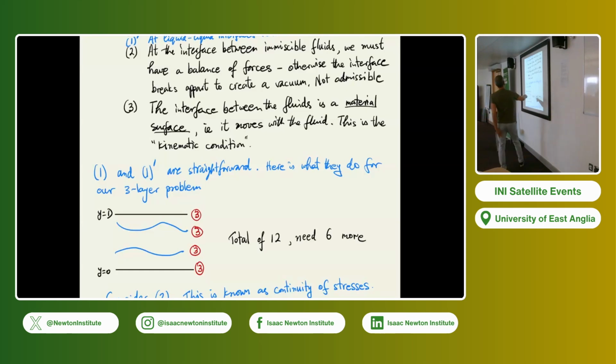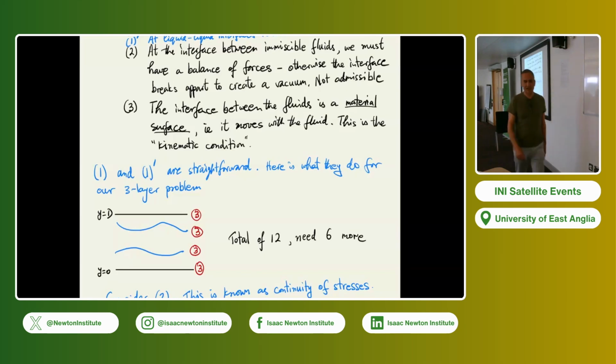And then I have 3 continuity of velocity conditions at this interface, another 3 there, and another 3 no slip there. Okay, so a total of 12. So I need 6 more, in order to have a well-defined mathematical problem.